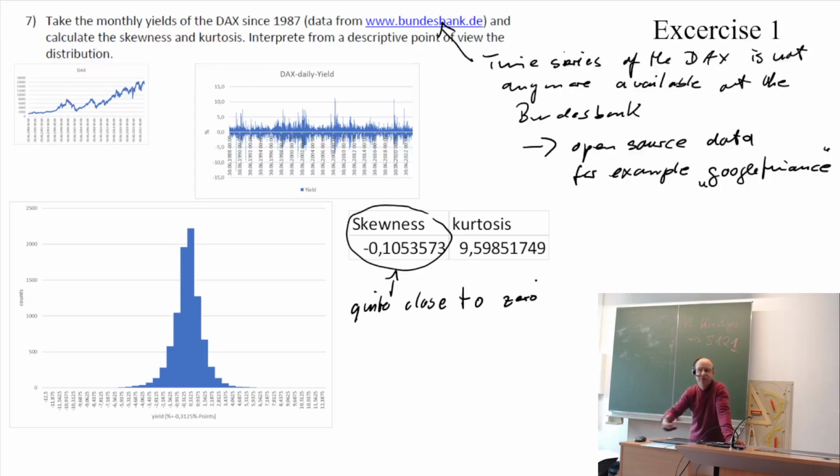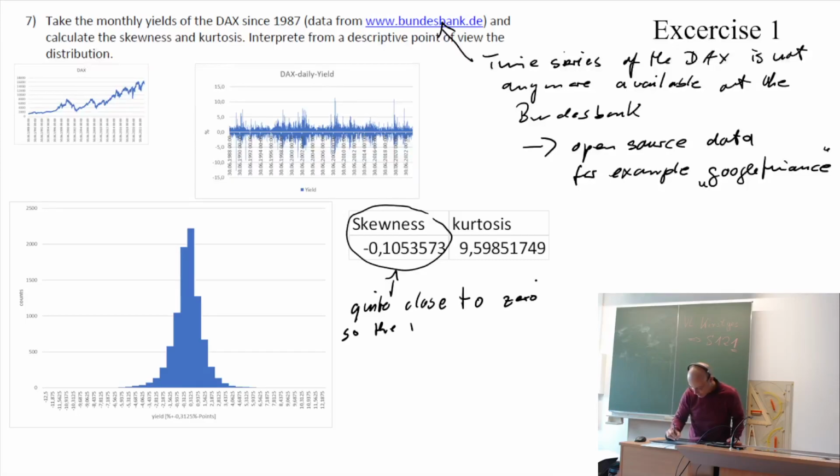Every information in the world we see within the price of the DAX, and therefore the first assumption is that the yield of the DAX is just a random walk. That with 50% probability it goes up, and with the other 50% it goes down.